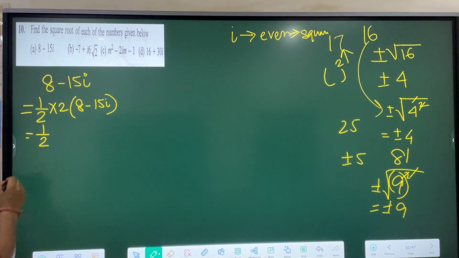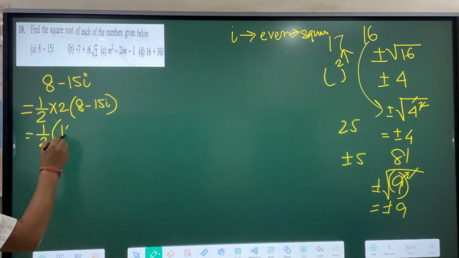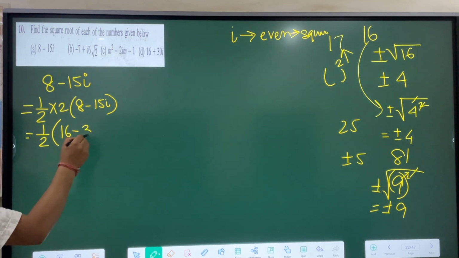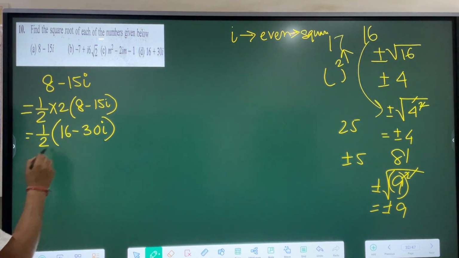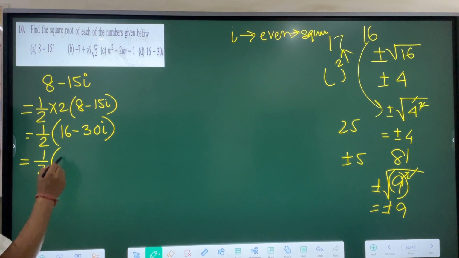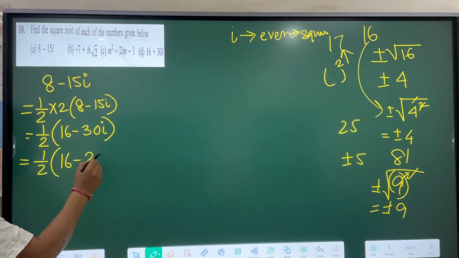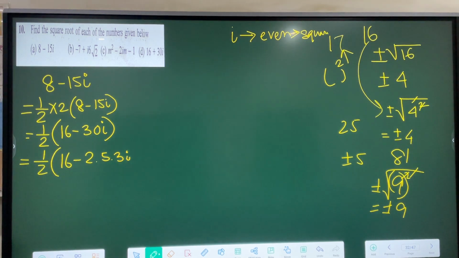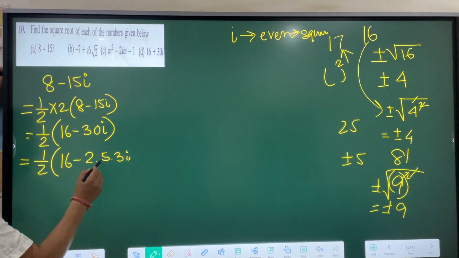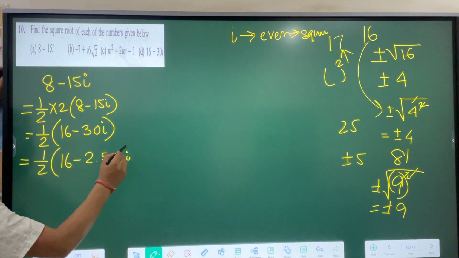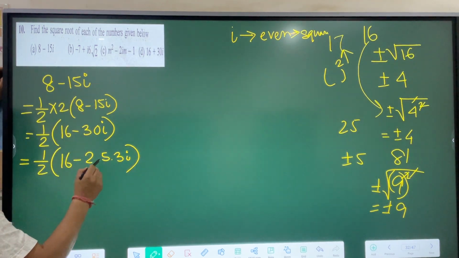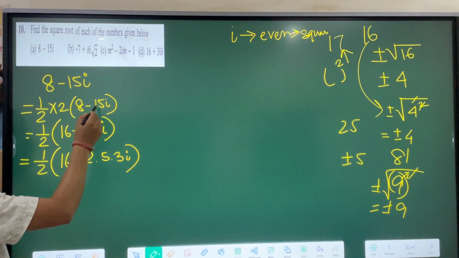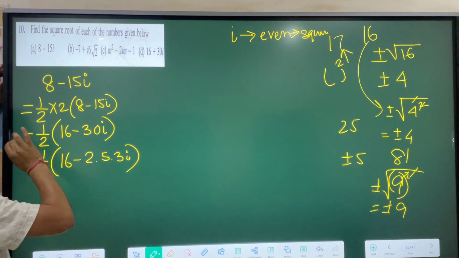1 by 2 we keep as it is outside. Inside we multiply by 2: 8 twos are 16, and 30i. So that you will understand, we can write it this way: 2 into 5 is 10, 10 into 3 is 30. But from 15 we cannot make twice ab, because it is an odd number, and an odd number is not divisible by 2.